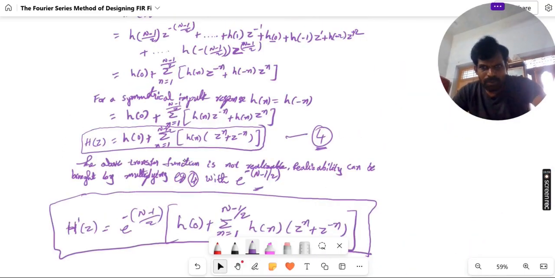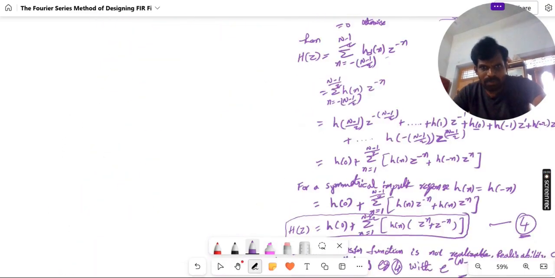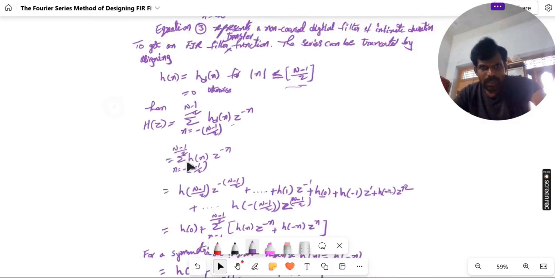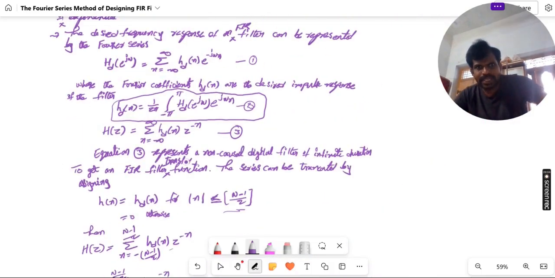Let us recall once again what we have taken initially. We took a desired frequency response, and from it a desired impulse response of a filter. By applying the Z transform to that desired impulse response, we get H of z, which is also called the transfer function or the system function.